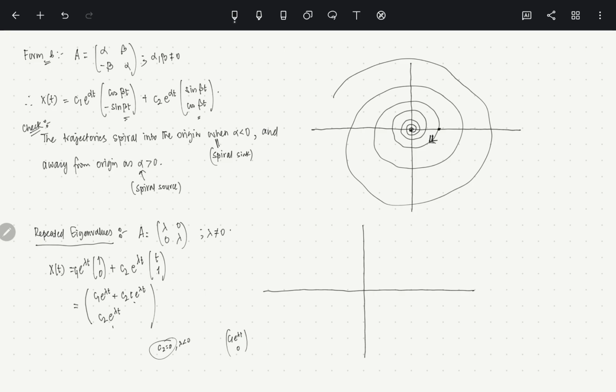Depending on c1, you can draw the trajectories, and since lambda is negative, they are pushed towards the origin.